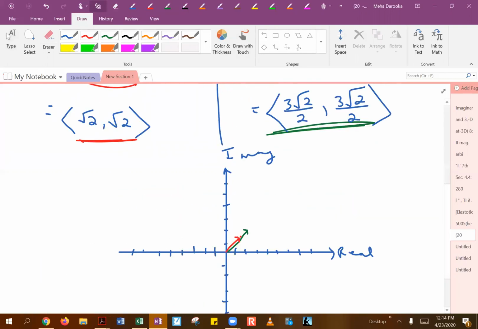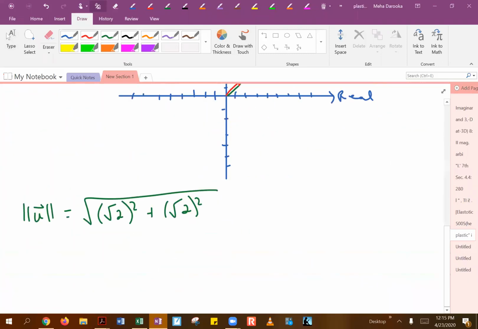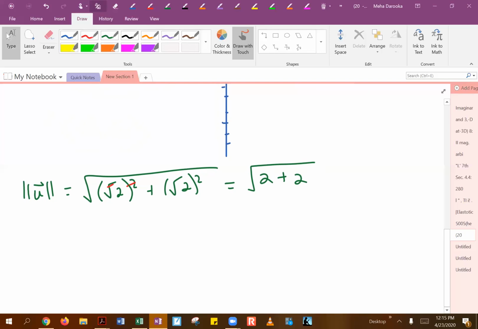You take each of these coordinates and you're going to square them and put it inside a square root. And so what will this come out to be? Would it come out to be 2? Right? Because square root of 2 squared is just 2, so 2 plus 2 is 4. Right, because your square and square root just end up canceling each other out. So like you said, square root of 2 plus 2, which is of course square root of 4. Square root of 4 will of course come out to be 2.